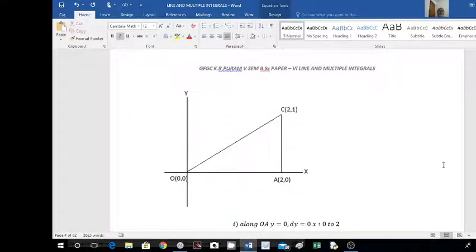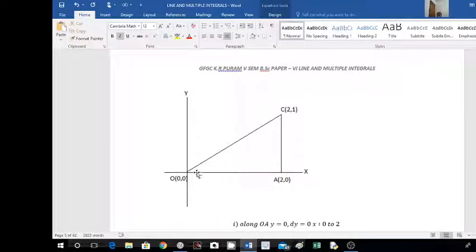See, this is the triangle. I have to integrate along this triangle: O to A, then A to C, and then C to O. These three are different curves.